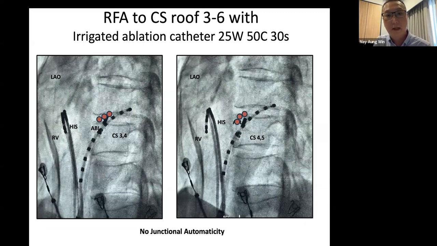I did the ablation anatomically because during the AVNRT the earliest A is sometimes at CS 3-4, sometimes at the His. So I ablated here.